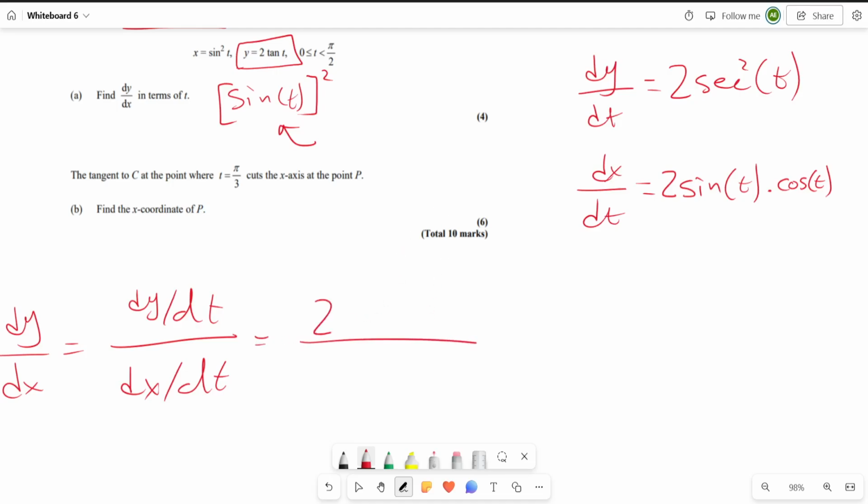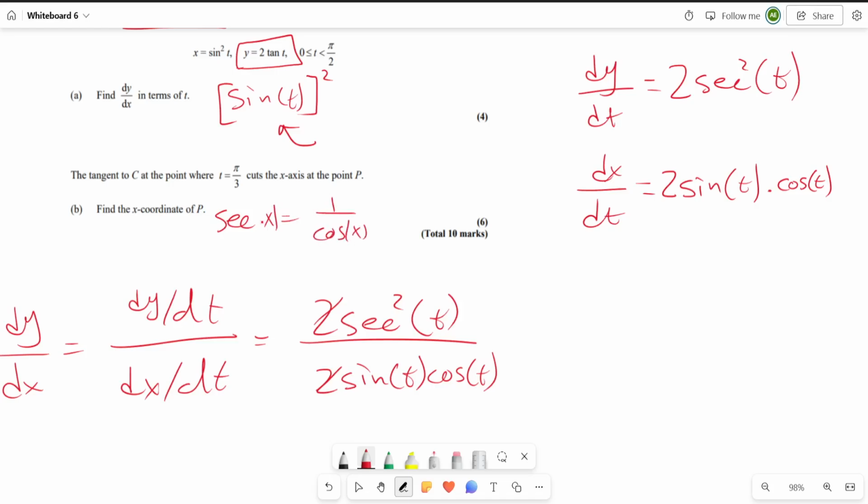So let's do that. It's going to be 2 secant squared of t over 2 sine of t cosine of t. So I can cancel these two out, and I know that secant x equals 1 over cosine of x. Okay, so I can rewrite the secant squared as 1 over cosine squared of t, and then I have a sine of t and then a cosine of t.